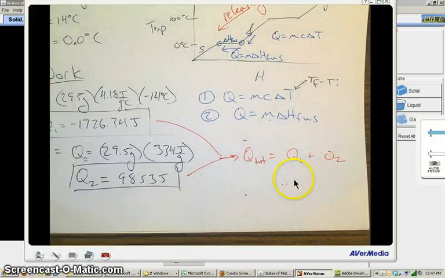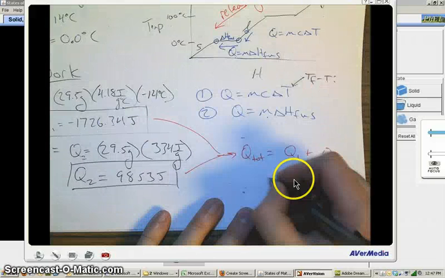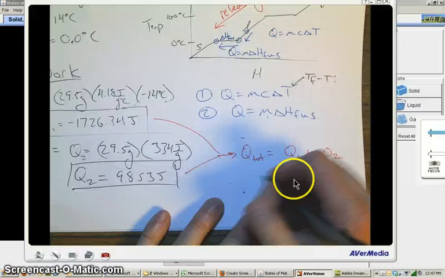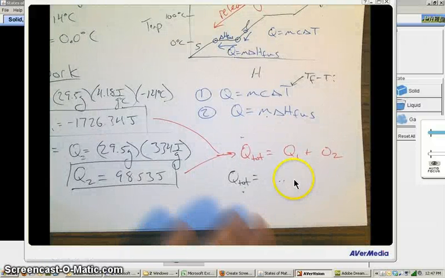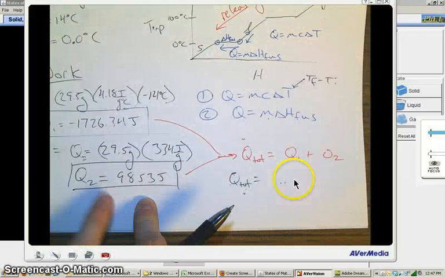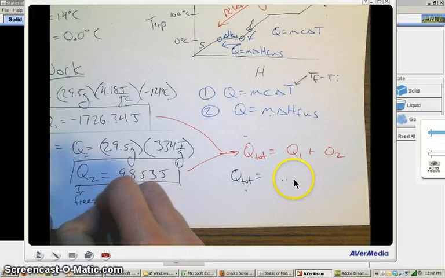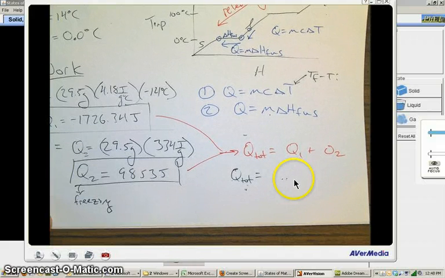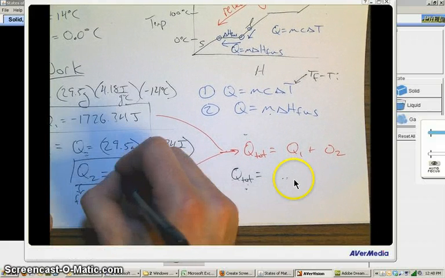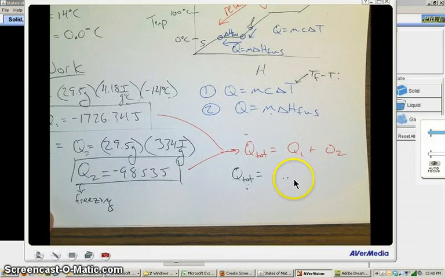But this is where it actually is the only tricky part of this problem. I say only, there are other parts that can be confusing, but the most confusing part is these numbers. See how this one came out to be negative? See how this one came out to be positive? Well, we know that this Q2 was when it was freezing, right? If something's freezing, what that means is it's losing that energy, not absorbing that energy.